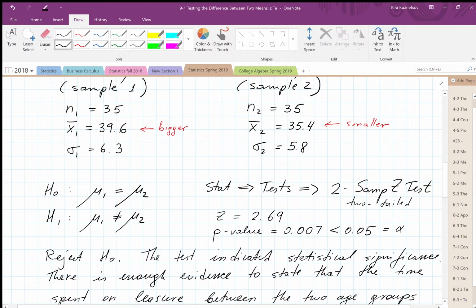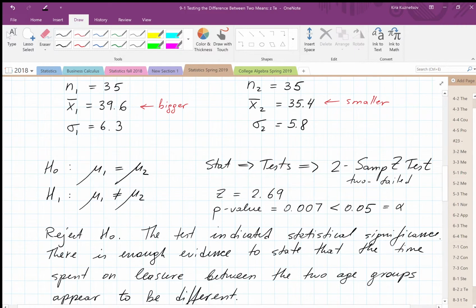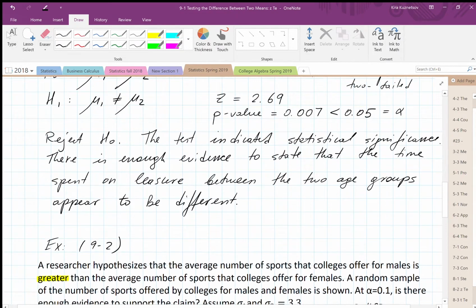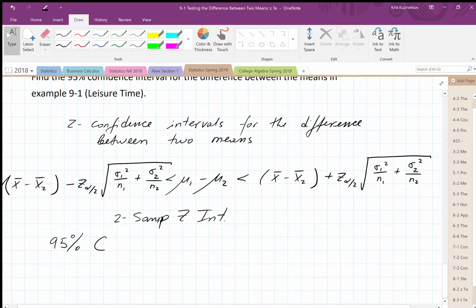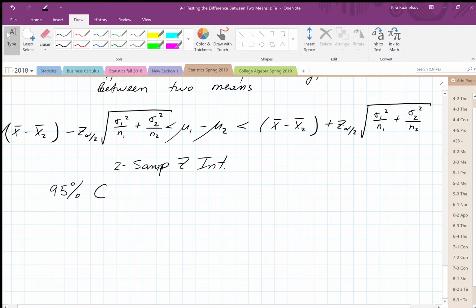So my point estimate is about a 4-hour difference, give or take that error that I need to figure out. So I am expecting all positive answers, and the result of a two-tail hypothesis test should be exactly the same as a confidence interval, because that one is also two-tail. So notice alpha of 0.05 two-tail is exactly the same thing as running a 95% confidence interval.